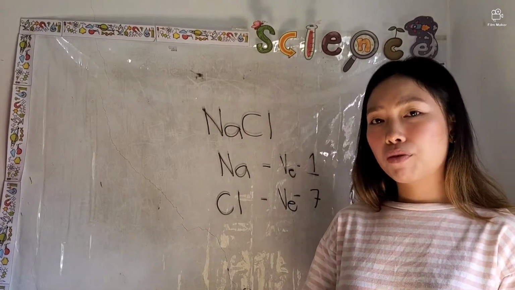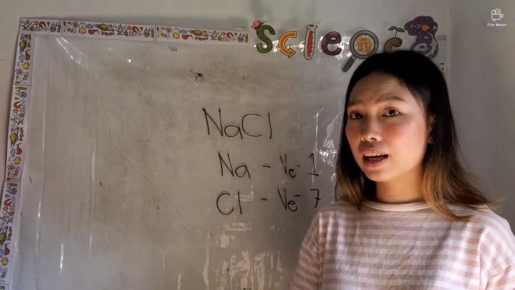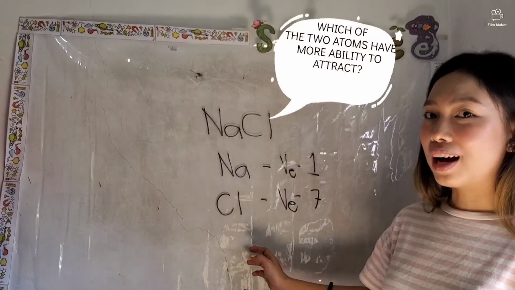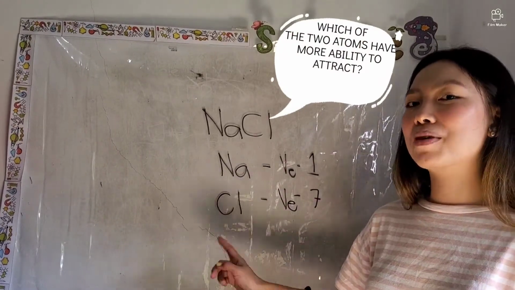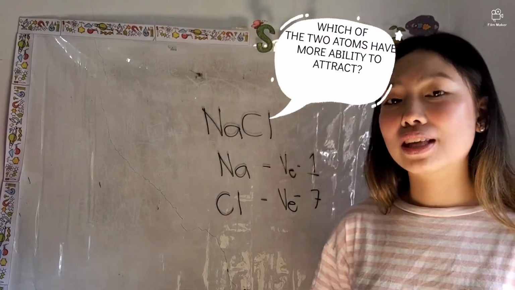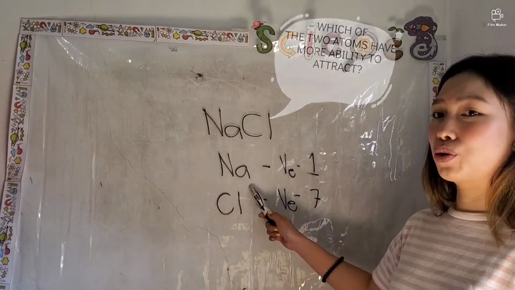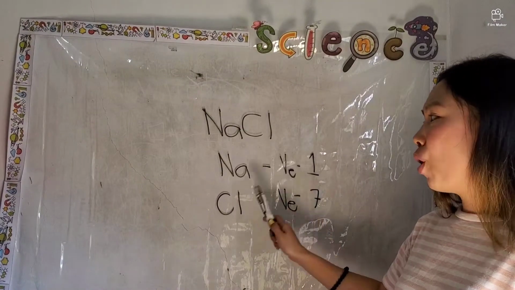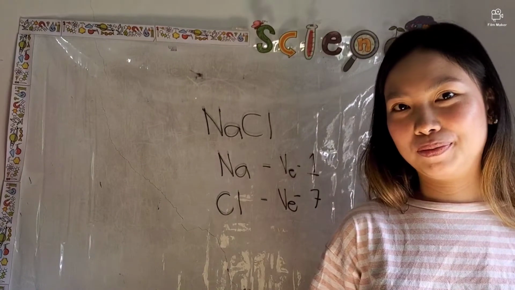Now, from the word electronegativity, which is ability to attract, alin sa dalawang atom ng sodium at chlorine ang may mas malaking electronegativity or ability to attract? Is it sodium with 1 valence electron or is it chlorine with 7 valence electrons?